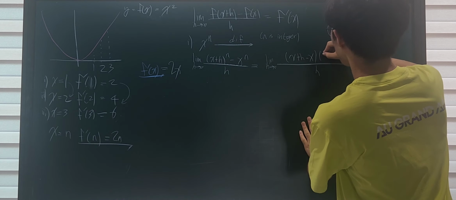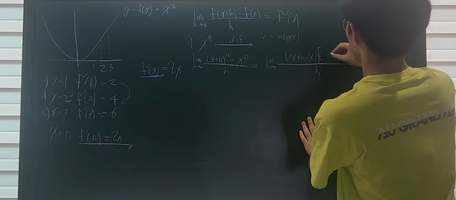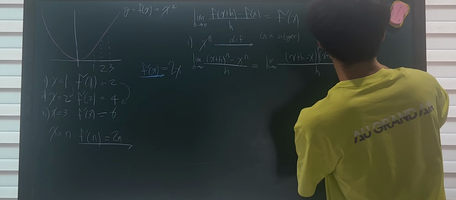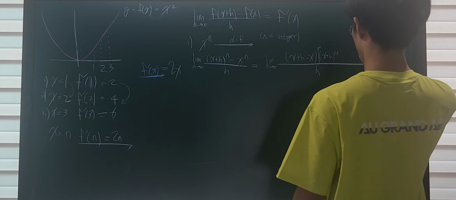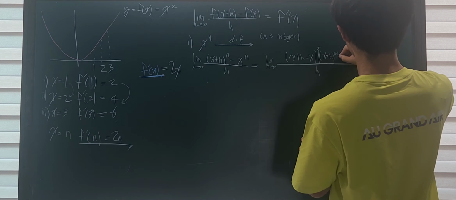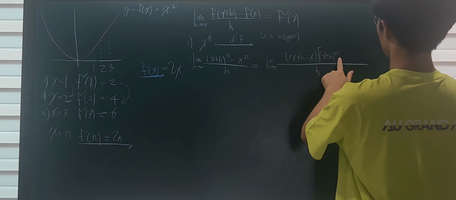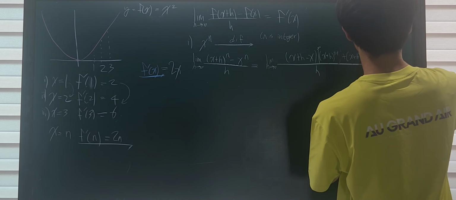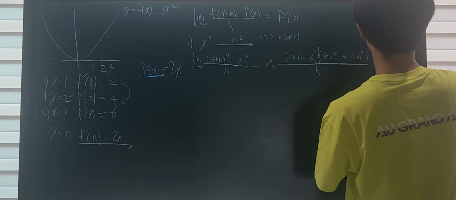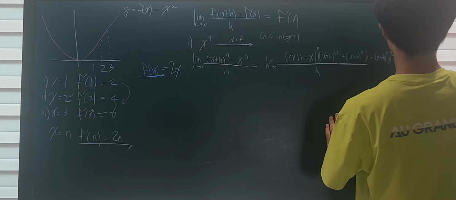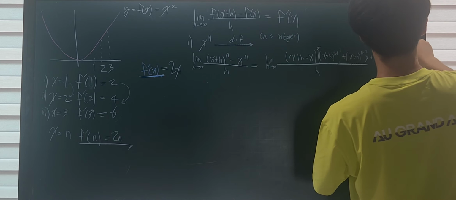And then, bigger parentheses, (x plus h) to the power of m minus 1, plus x times (x plus h) to the power of m minus 2, plus x squared times (x plus h) to the power of m minus 3, plus all the way to x to the power of m minus 1, and then closing parentheses.